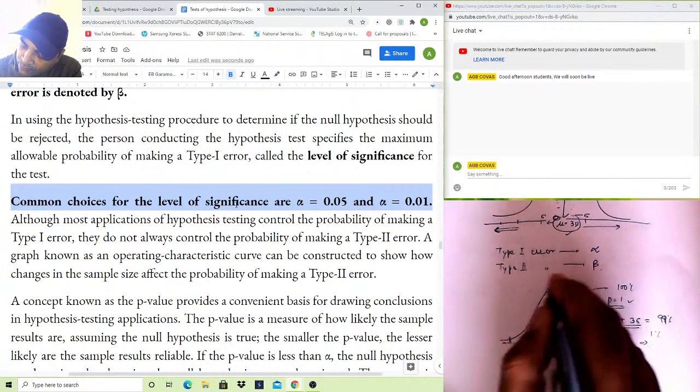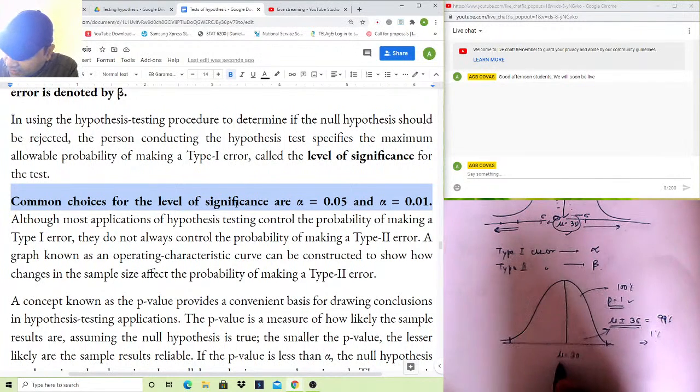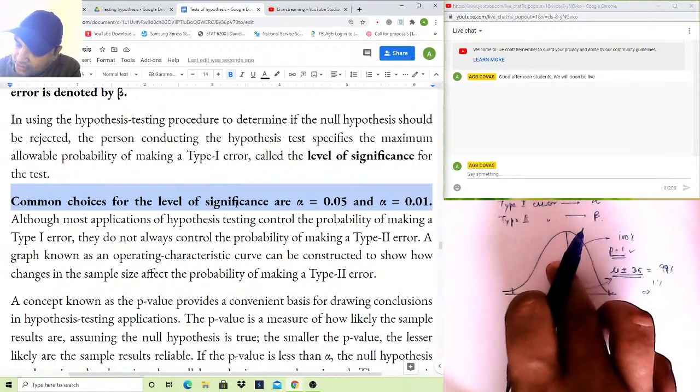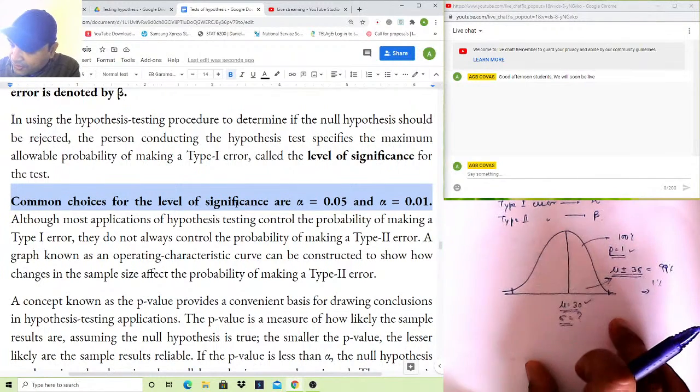So any population distribution which corresponds to this type, that is having mu equal to 30 and 99% of the individuals, and it will be having some standard deviation. So if any sample which is having such distribution is being represented to you, will be accepted.